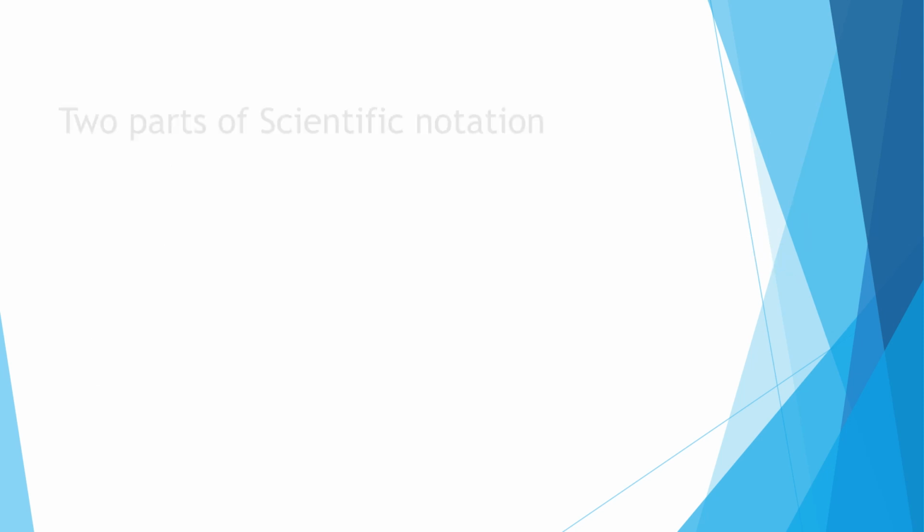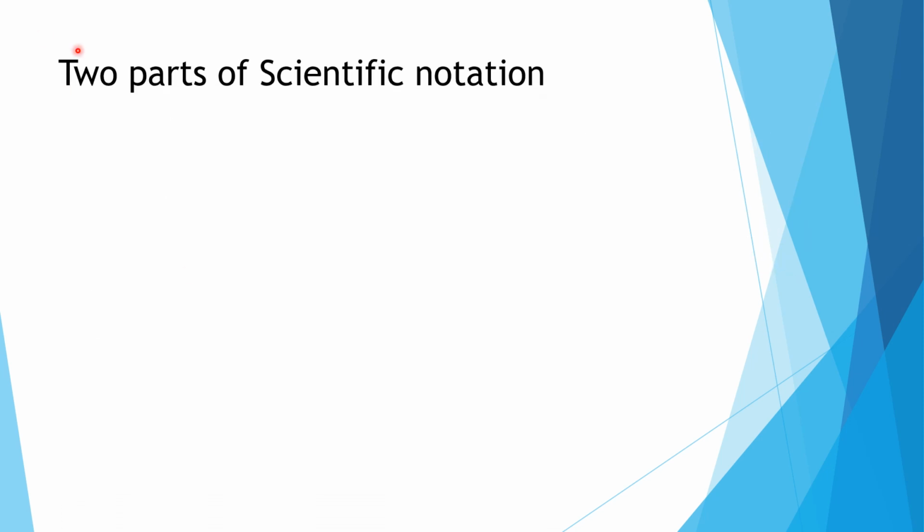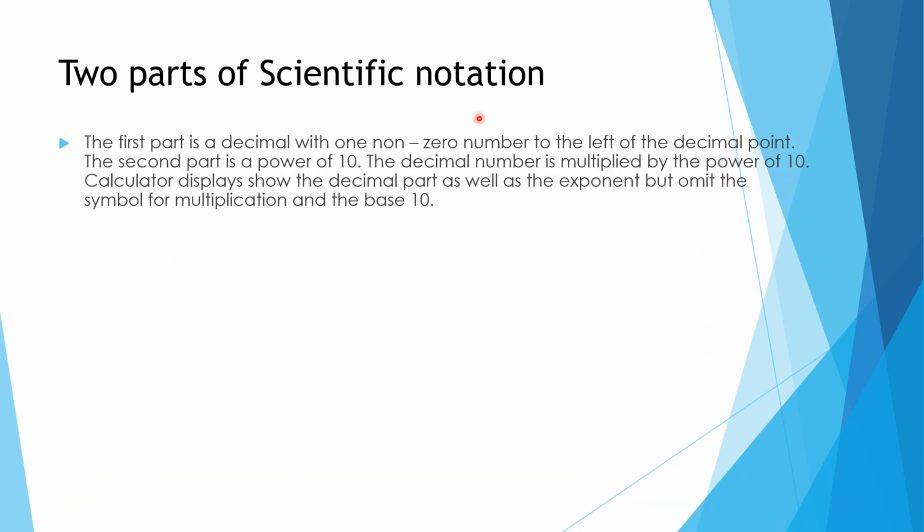Let's see what the two parts of the scientific notation are. The first part is a decimal with one non-zero number to the left of the decimal point. The second part is the power of 10. The decimal number is multiplied by the power of 10. Calculator displays show the decimal part as well as the exponent, but omit the symbol for multiplication and the base 10.